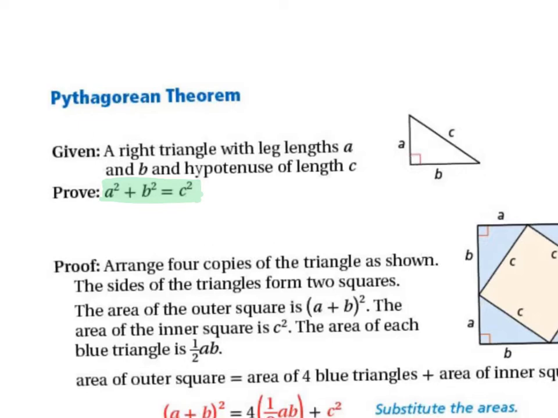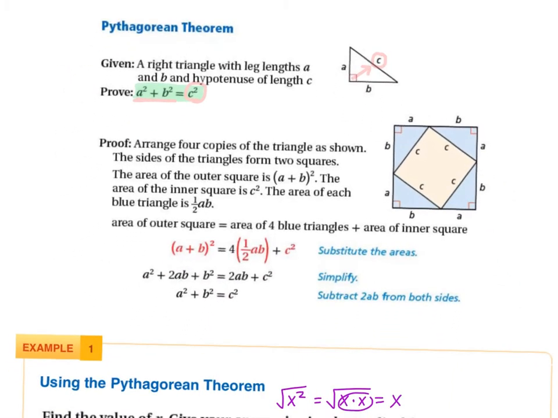A and b are actually interchangeable, but c is the side that is opposite the right angle, or the largest side. So when you're given 2 side lengths, or you're given the triangle itself, whatever's opposite the right angle, or the longest side, goes where the c is, and then the other 2 can be flip-flopped. That doesn't matter.